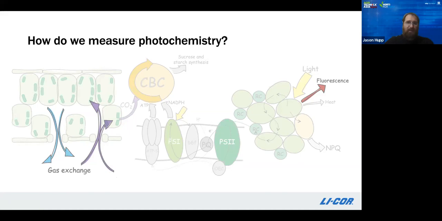And we make instrumentation that measures chlorophyll fluorescence, so instrumentation that's counting those photons that are being re-emitted from the leaf. By measuring these endpoints, I'll show you how we can start to figure out the stuff that's happening in between, and then we'll talk about why we'd want to know that stuff in the first place.